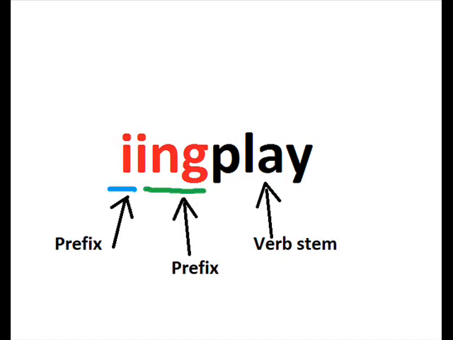This is a poor representation of how a Navajo verb would be, but I'm just trying to explain to people who don't understand. Basically, it's like saying I ing play in one word, or ing I play.